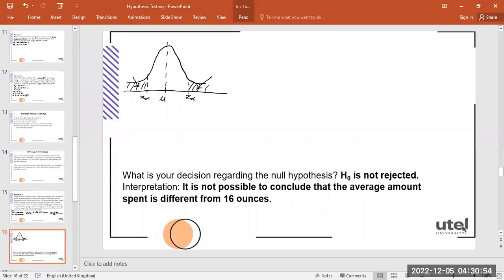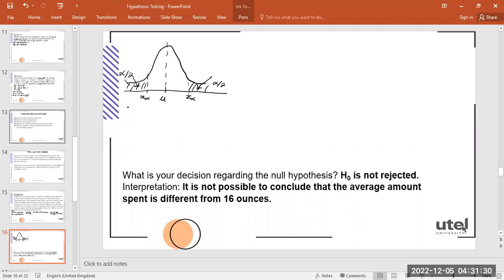Because of symmetry, this side is going to be alpha by 2, and here is also alpha by 2. And the number in the middle corresponds to our confidence level. So alpha by 2 plus alpha by 2 plus the confidence level, all the area under this, must be equal to 1.